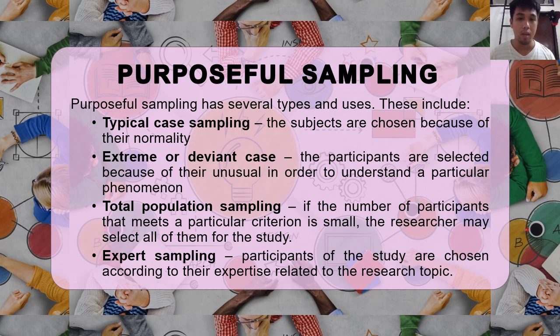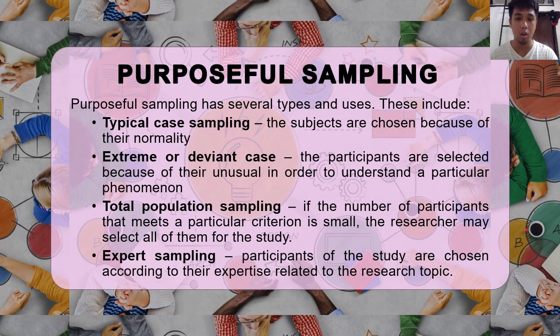Next, we have the extreme or deviant case. The participants are selected because of their unusual characteristics in order to understand a particular phenomenon. Next, we have the total population sampling. If the number of participants that meets a particular criterion is small, the researcher may select all of them for the study.